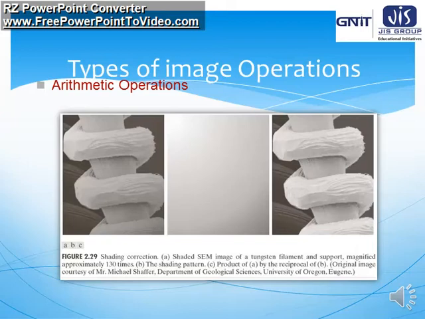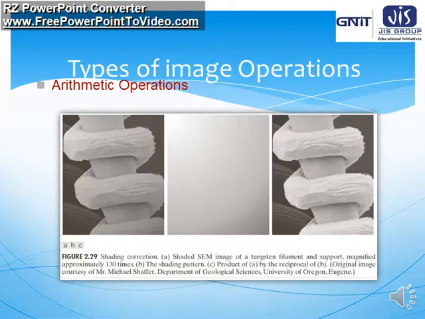In this example we have used shading corrections. That means different types of shades have been corrected here. For the first example we can see three different images. The first image is the shaded image of a tungsten filament and the corresponding support, magnified approximately 130 times.